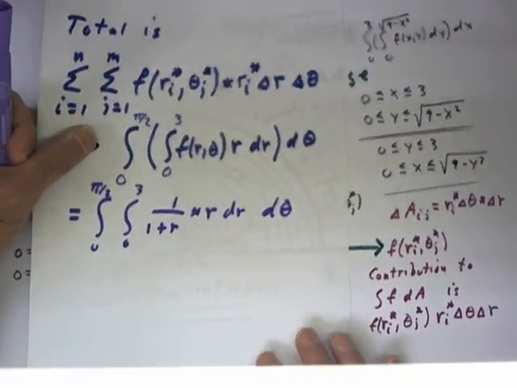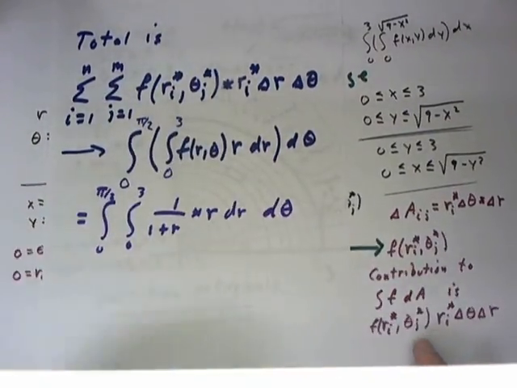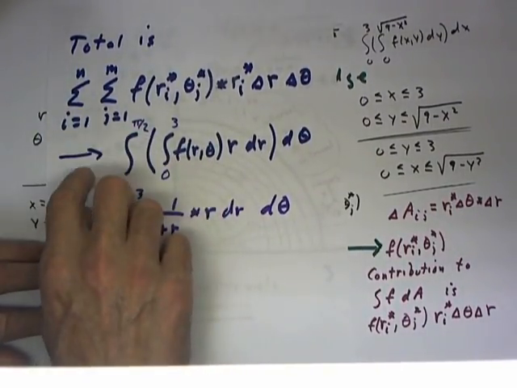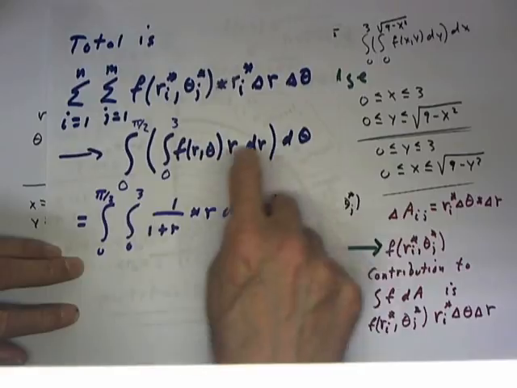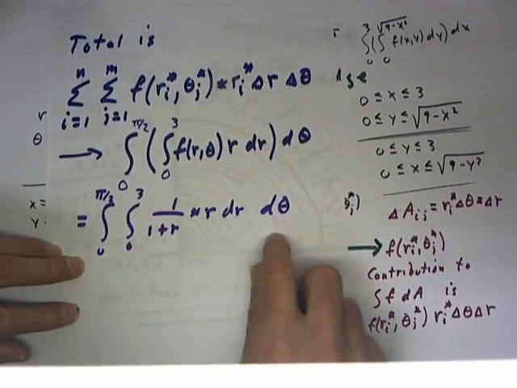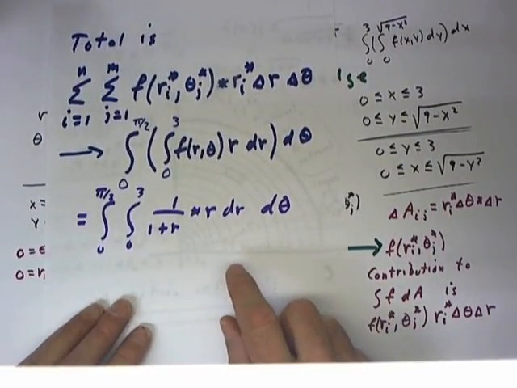We obtained a summation of contributions, which we sort of waved our hands at and took a limit of, and we obtained this integral, which we're now going to interpret and calculate.